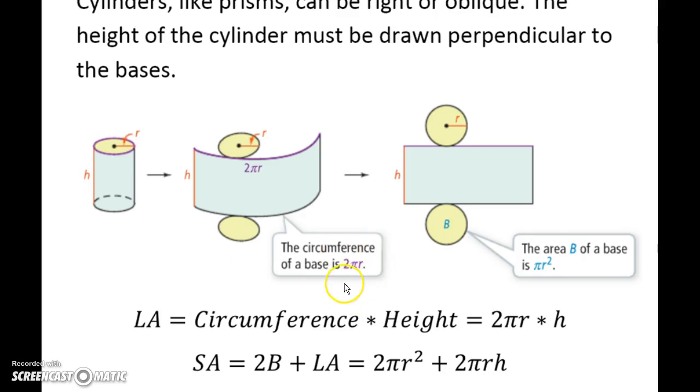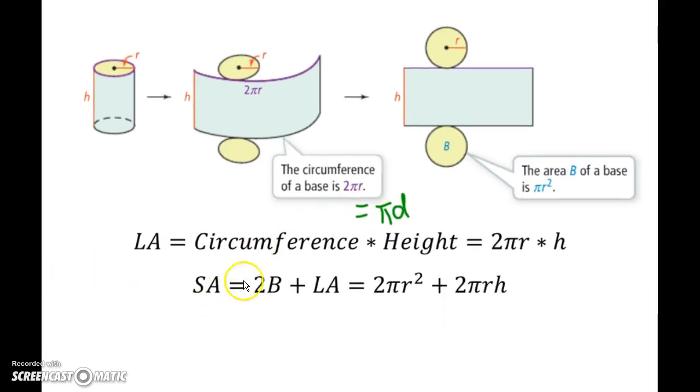That's the circumference, or pi d if you prefer that equation. And again, just like a prism, my surface area is going to equal 2 bases plus the lateral area. But because we know what these are, we can go ahead and write in the equations since we know that the base is a circle. My bases are pi r squared, and there are 2 of them, so 2 times pi r squared for the bases, plus the lateral area. 2 pi r, that's the circumference, times height.